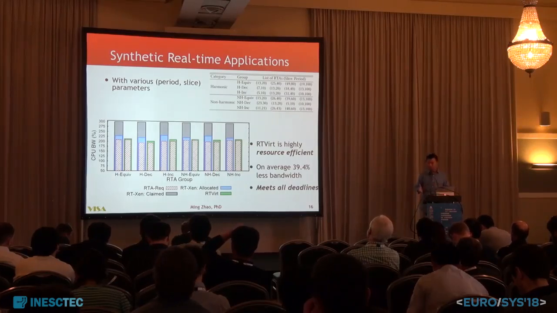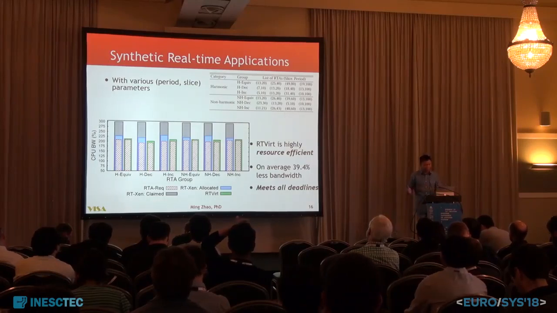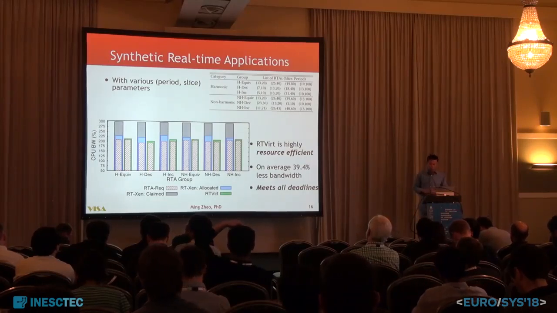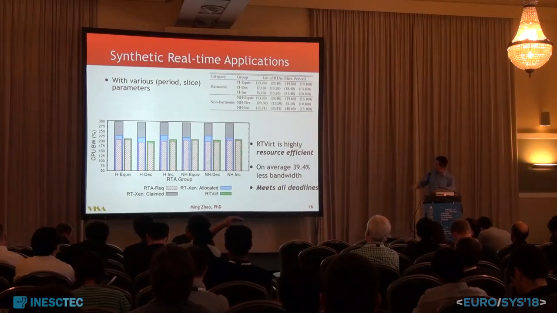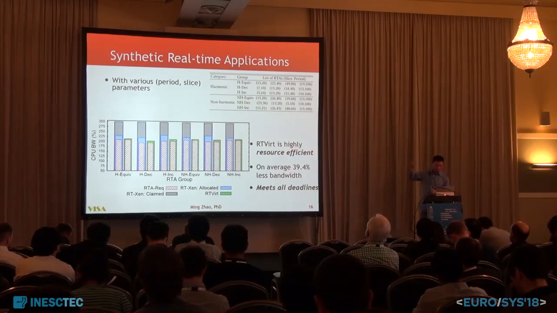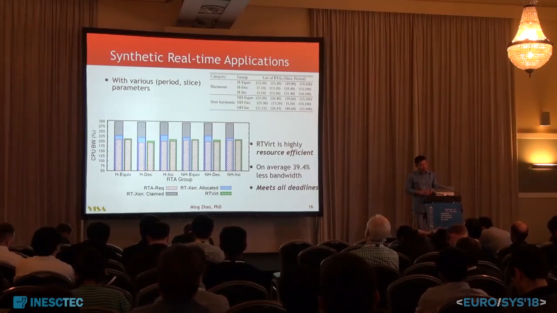First of all, both RTVirt and RT-Xen are able to meet all the deadlines. In each group of bars, the right bar, shaded green, is from RTVirt, and the gray shaded bar on the left is from RT-Xen.